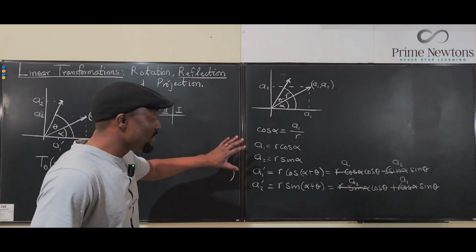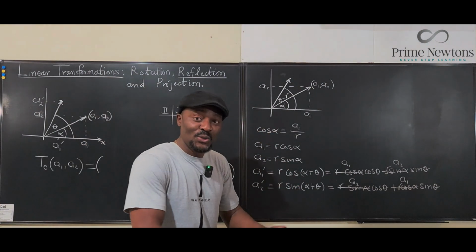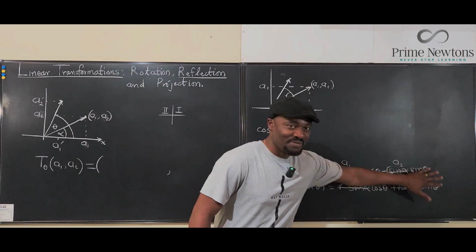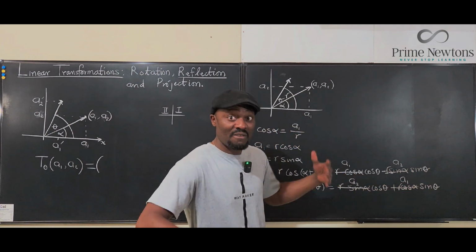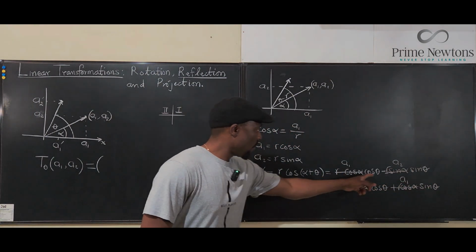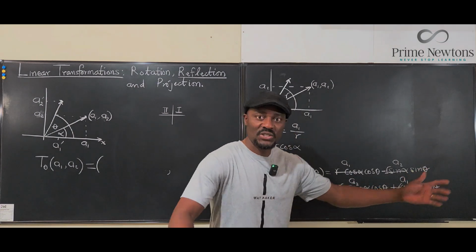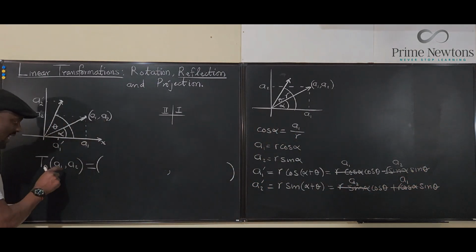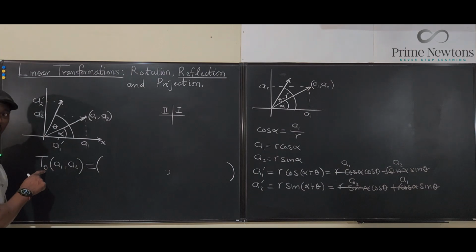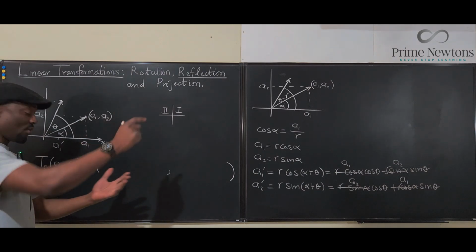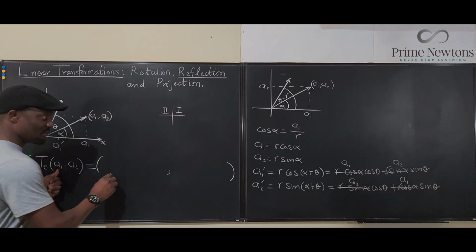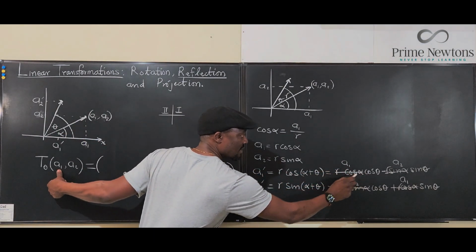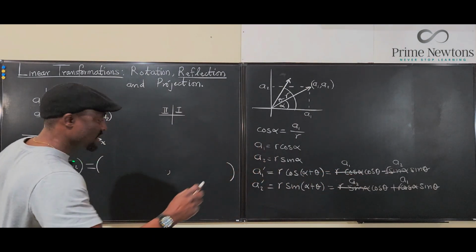So whenever you do a rotation through an angle theta, notice that the only angle that survived in our final point is theta. The alpha doesn't matter. So whenever you rotate this point through an angle theta, the new point is going to be A sub 1 cosine theta minus A sub 2 sine theta.